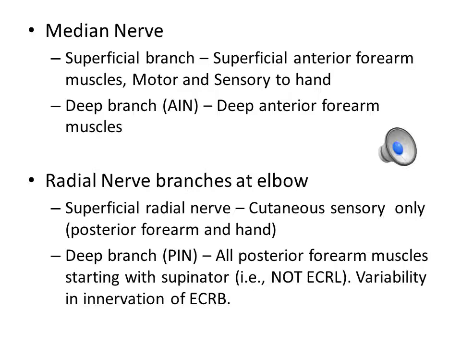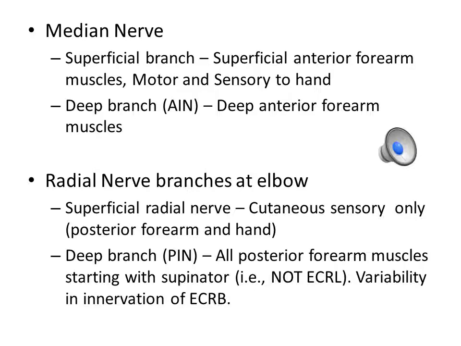So if the median nerve is cut or damaged, all function, motor and sensory, of the superficial anterior forearm and deep anterior forearm innervated by the median nerve would be lost.